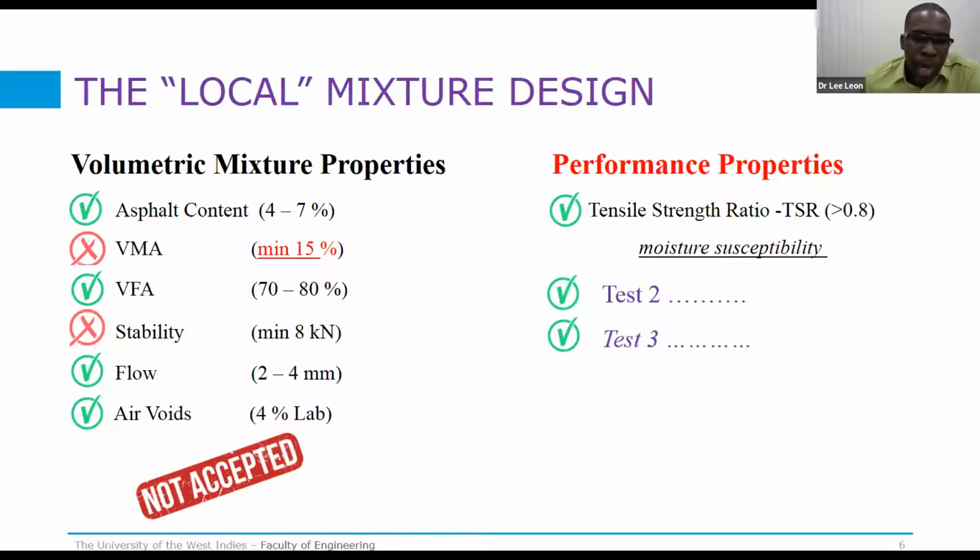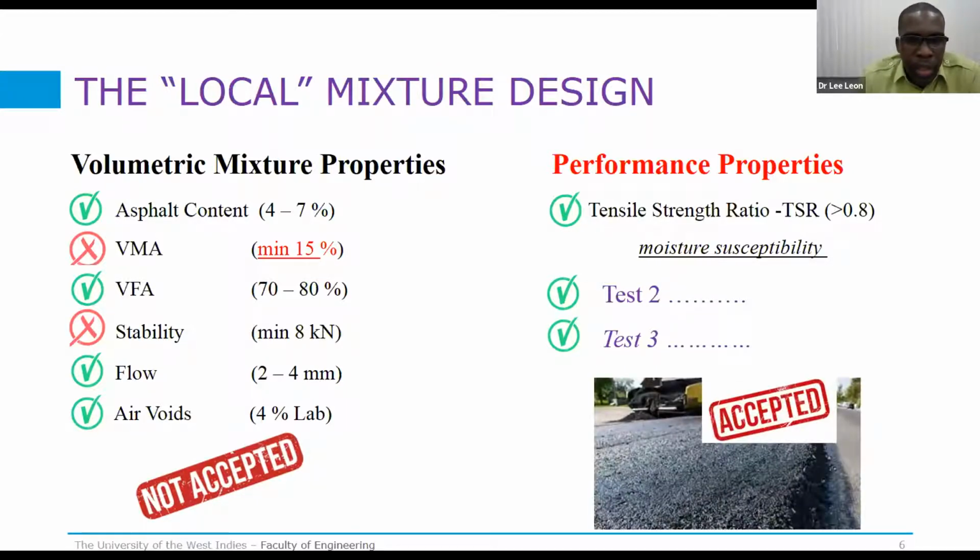So what other tests can we add locally as a performance measure in terms of the mix design or the asphalt concrete material, in order to get an acceptance stamp on the material used for the pavement structure?